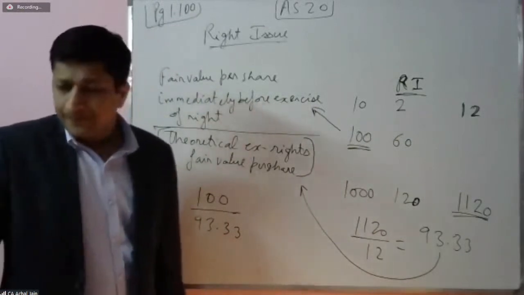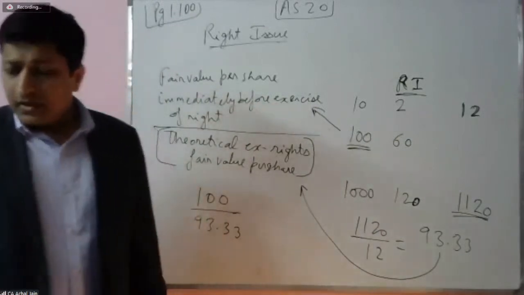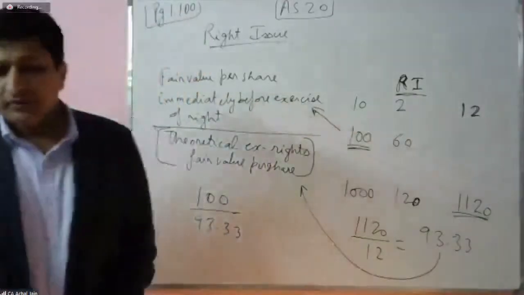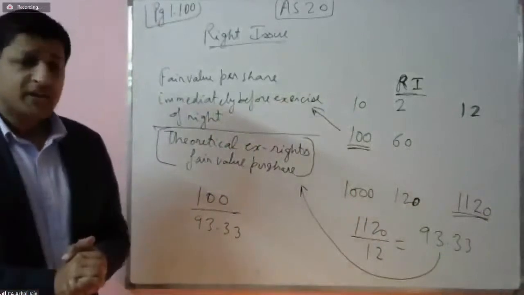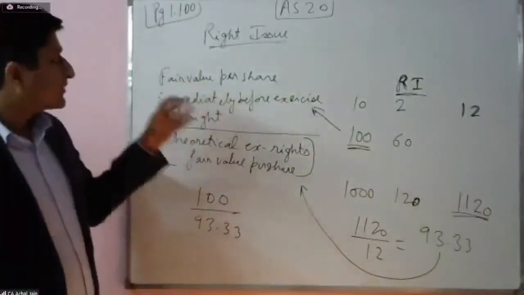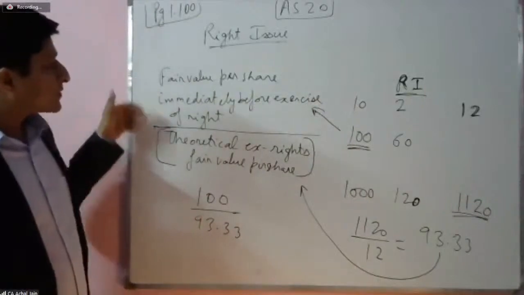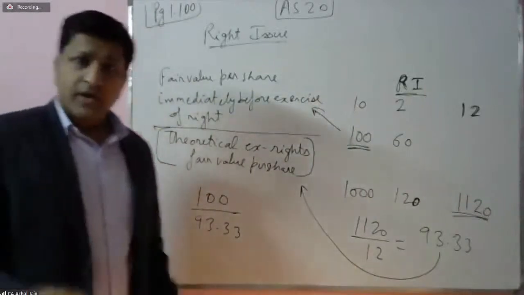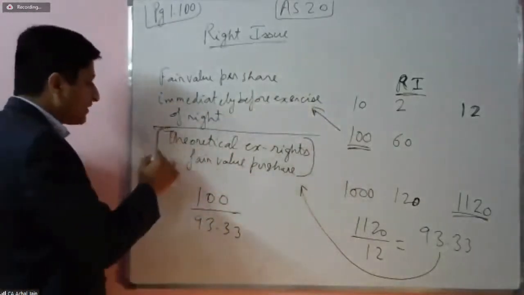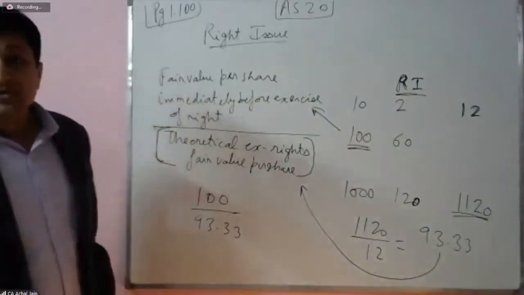Clear? We will get more clarity when we solve one illustration. But before that, please remember there are 2 ways. Either you can just mug up this formula, which is given, and how we compute this is again given, so you can refer to the study material.